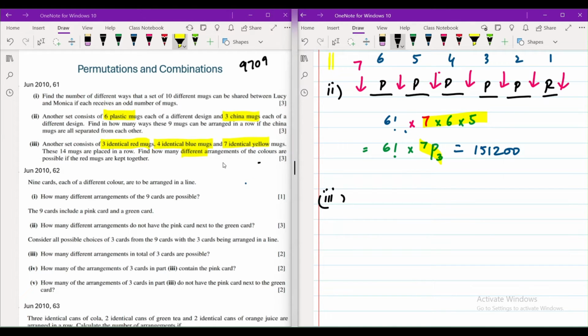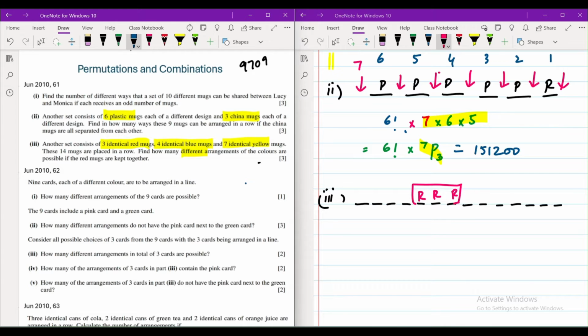Now we have how many? 14. So 1, 2, 3, 4, 5, 6, 7, 8, 9, 10, 11, 12, 13, and 14. The red ones have to be together, right? So somewhere R, they are 1 unit over here, right? But we don't have a problem with the other ones, right?